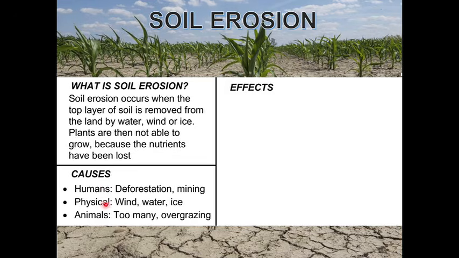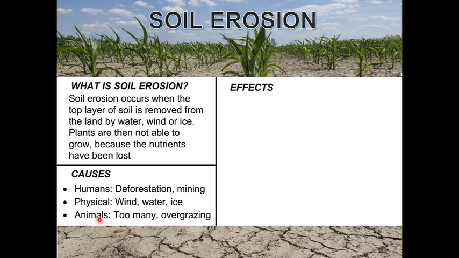Physical, wind. You know, when the wind blows, you see the sand going there. Water also transports the soil. And ice. Those are the three physical things that cause soil erosion.